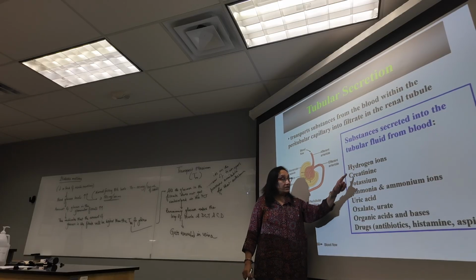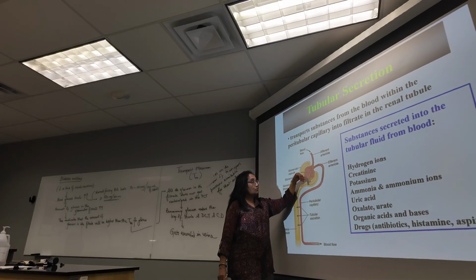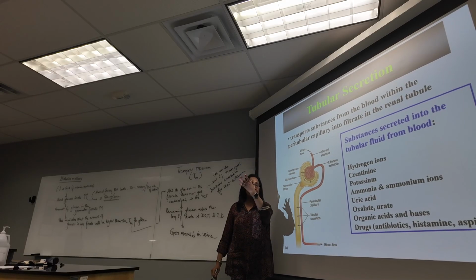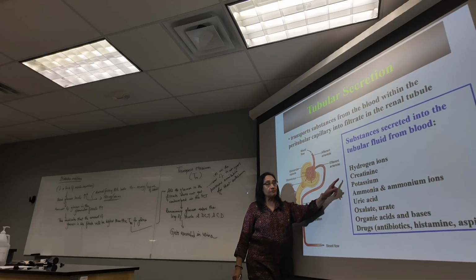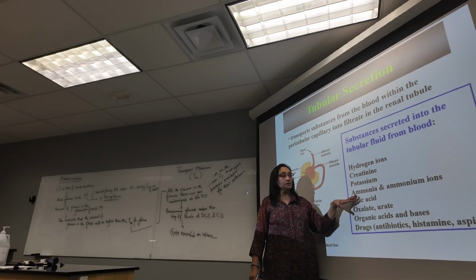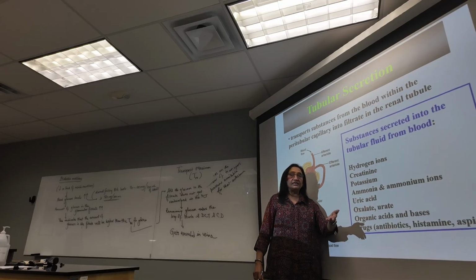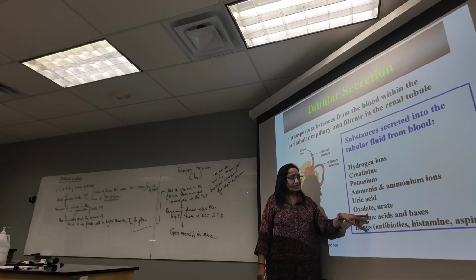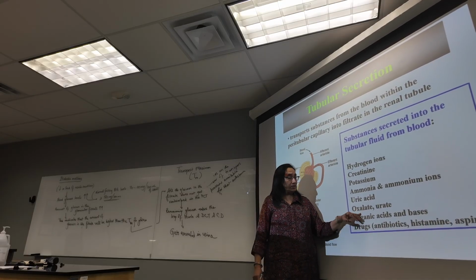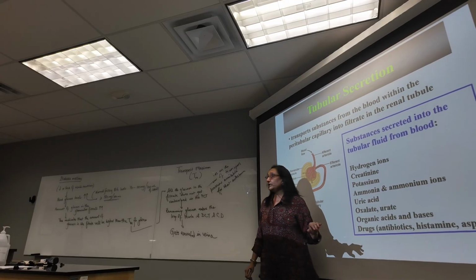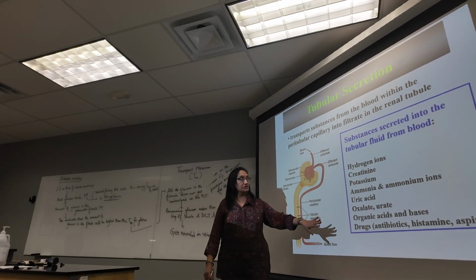Acids, creatinine, which is a throwaway product, most of it gets filtered, but about 20% has to be secreted. Potassium, ammonia, uric acid, all of these acids which come from your diet. And of course, drugs, if you're taking medications, the breakdown product of drugs.